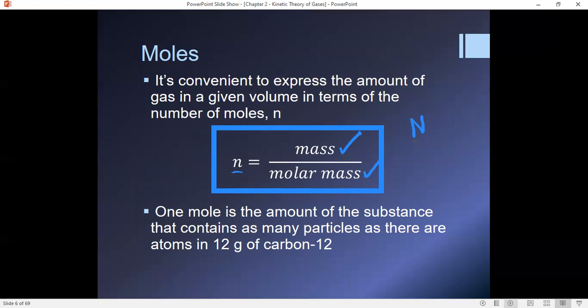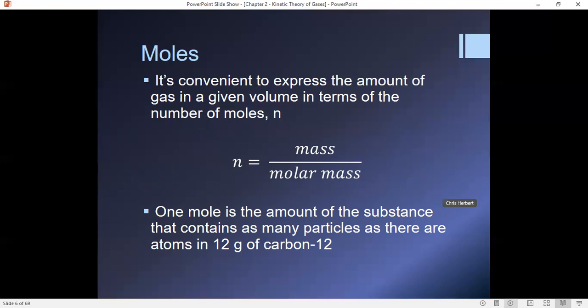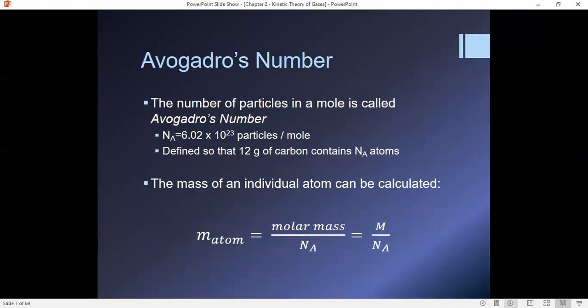So for instance, if we have carbon-12, and that's not normally a gas, but we'll use that as an example, 1 mole of carbon-12 will be 12 grams. In fact, Avogadro's number is related to the mole of carbon-12 and the fact that 1 mole of carbon-12 weighs 12 grams and has Avogadro's number of molecules.